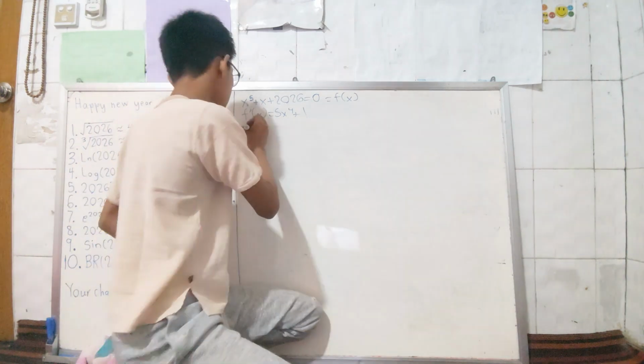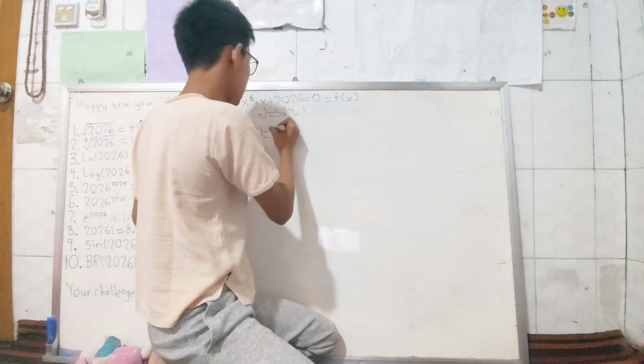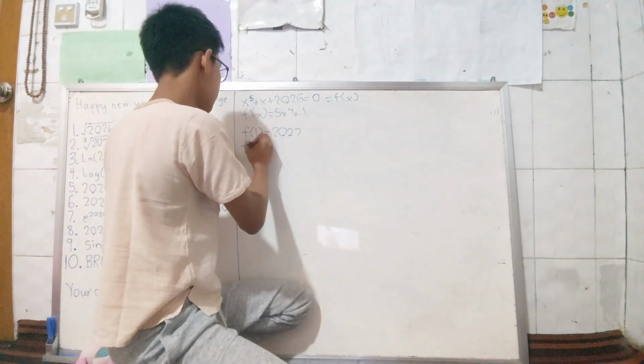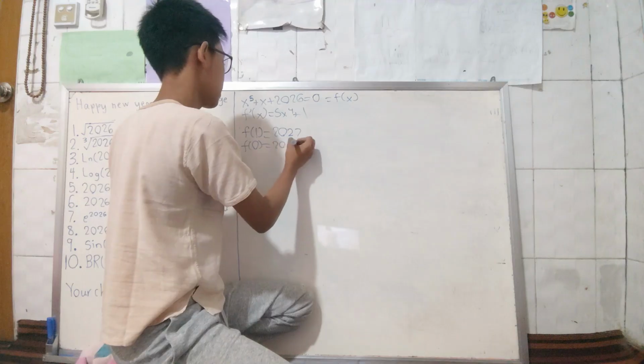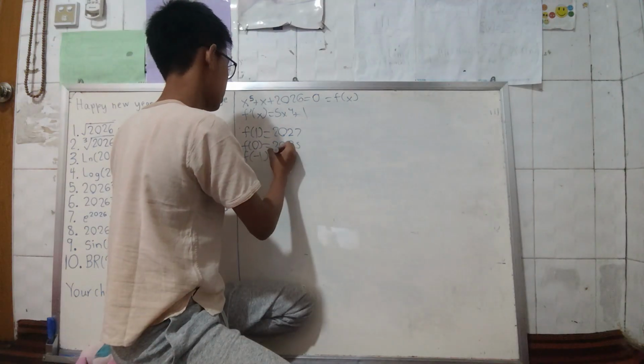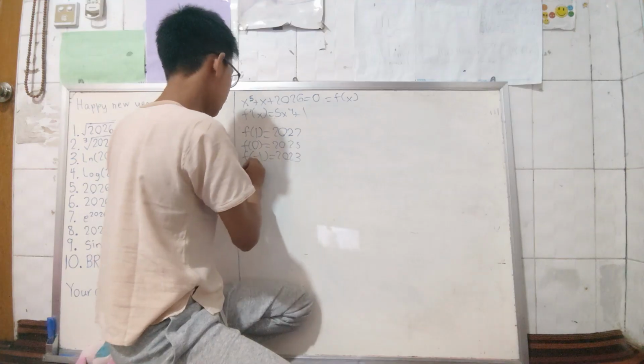f of 1 would be 2027. f of 0 is 2025. f of negative 1 is gonna be 2023. Oh, what the heck?